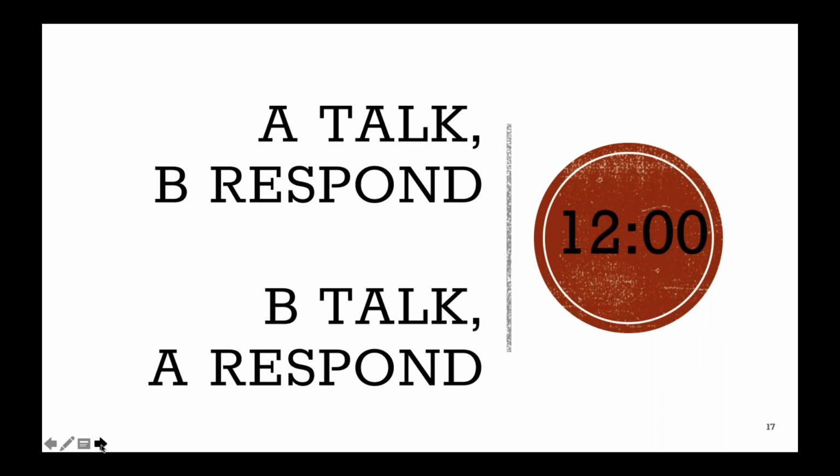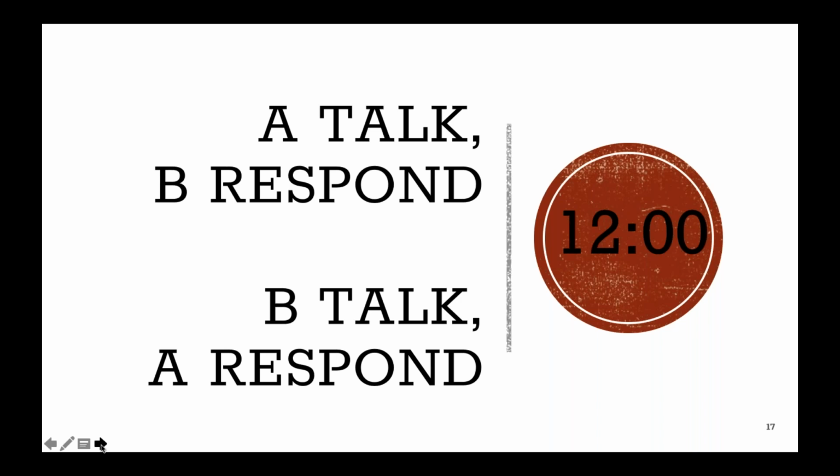In this strategy, after the question is posed or the text is read, A talks around what they've been asked or what they've learned. B then pauses and responds. That response can be directed by you. They might pose a question back.